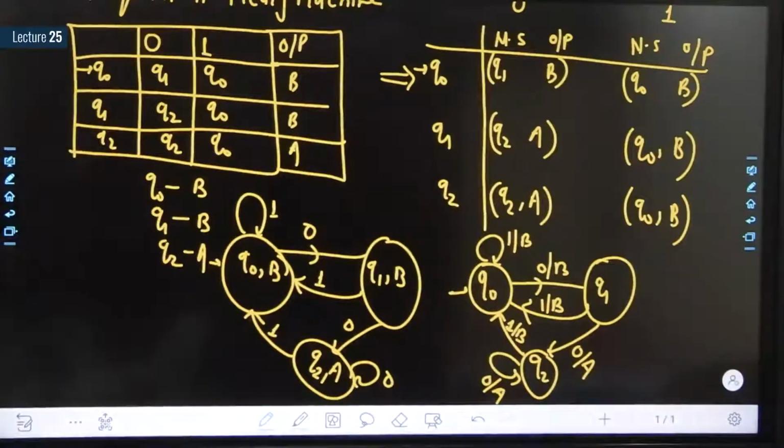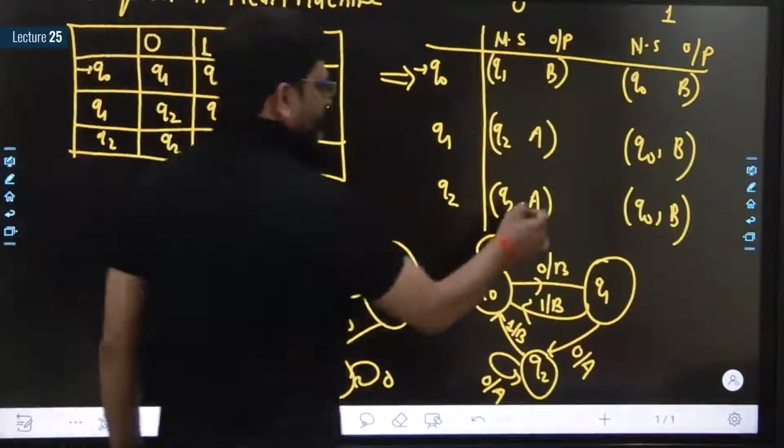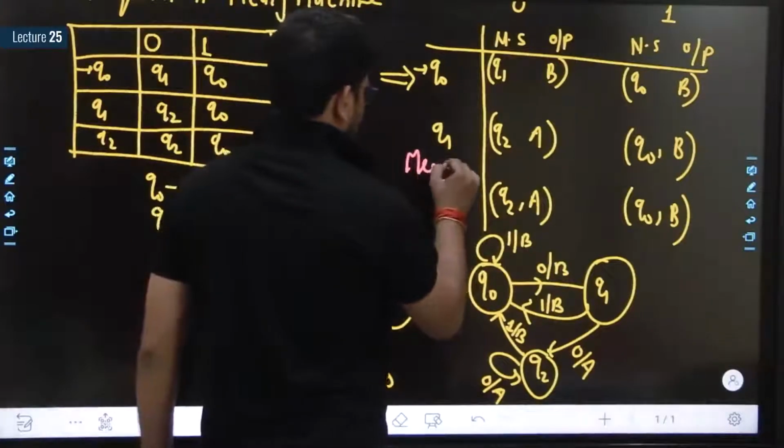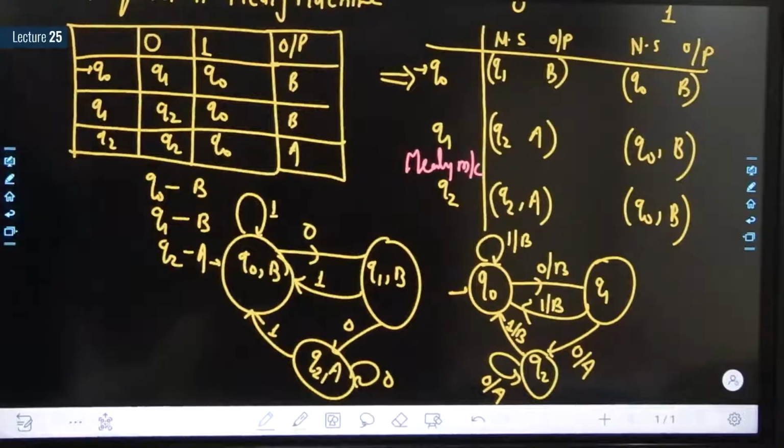Please check. This is the Mealy machine. Clear?